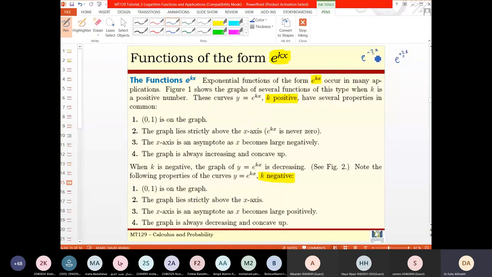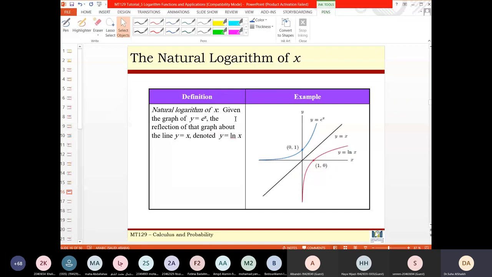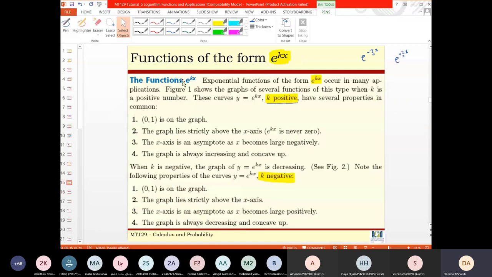If k is positive, all the time the graph will pass through the point 0, 1. It's going to be above the x-axis. The x-axis is asymptotic.